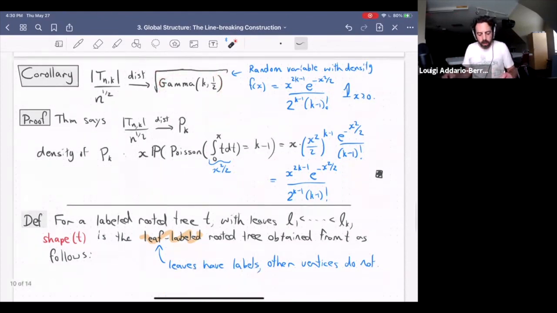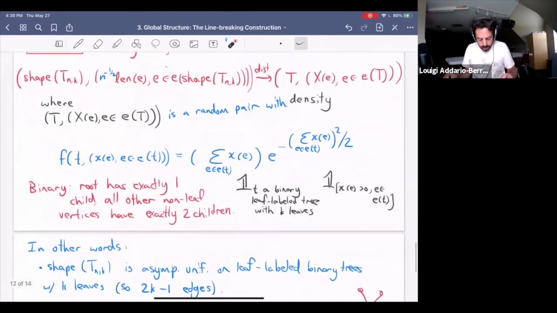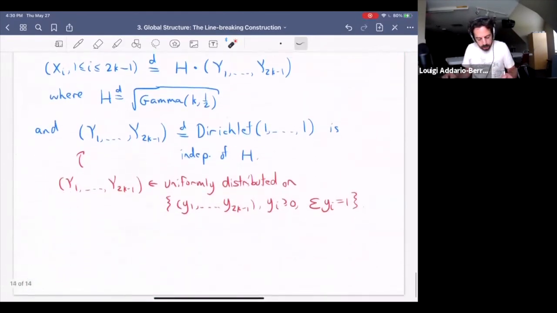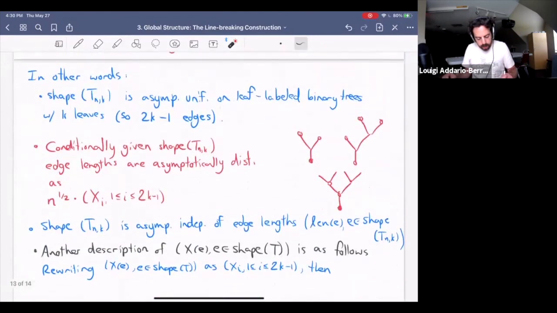Okay, so I wanted to say a bit more about what's missing to go from one description to the other. We had a theorem which already told us about the length of the first branch, and then the length of the second branch, and the third, and the fourth, and the fifth.